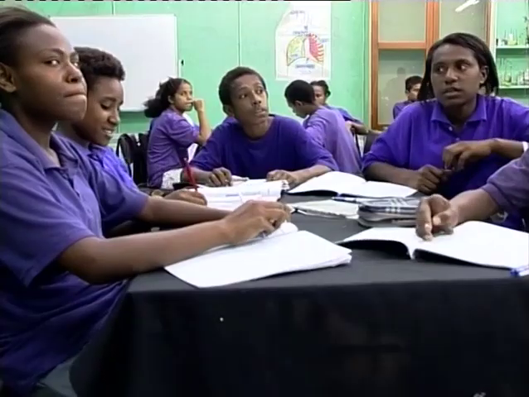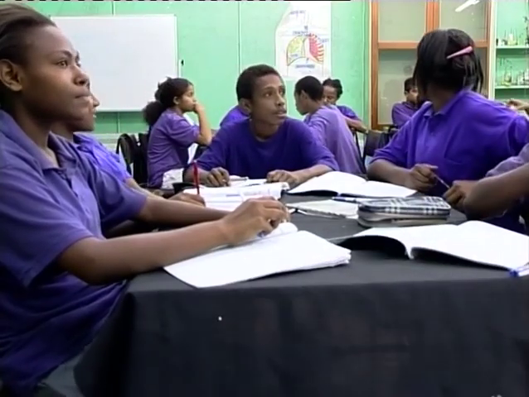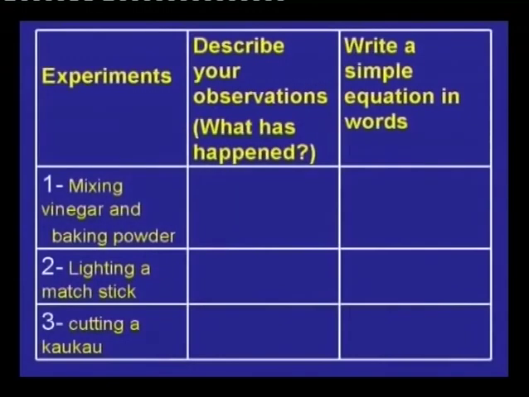Today we will still be looking at chemical changes. Receiving students and class, we will still be looking at chemical changes. Before we look at that, I would like you to copy this table down because we are going to be doing some experiments. So do copy this table down into your books as quickly as possible.